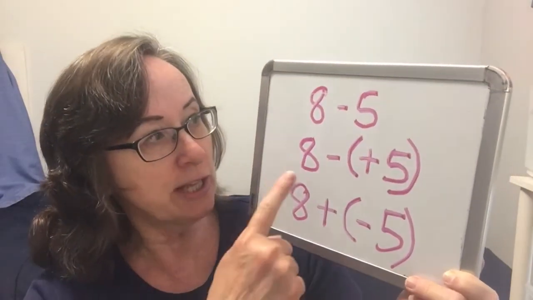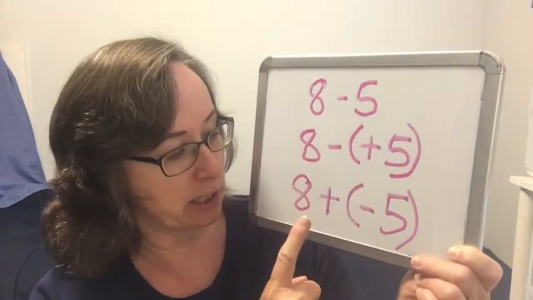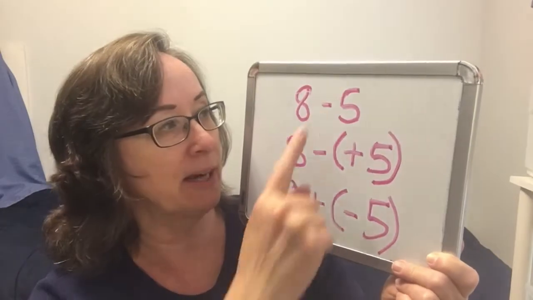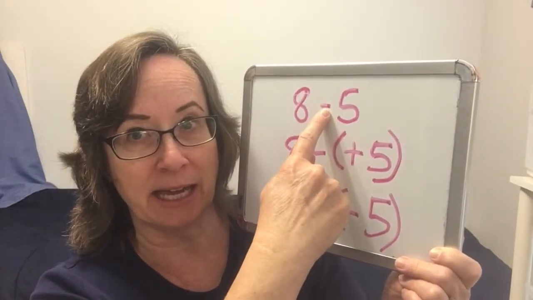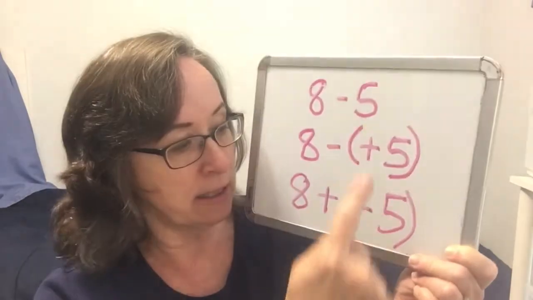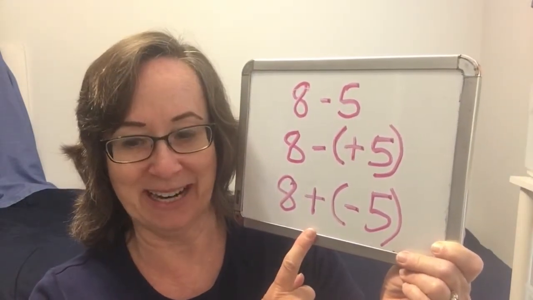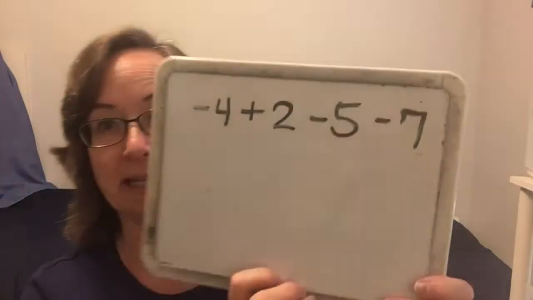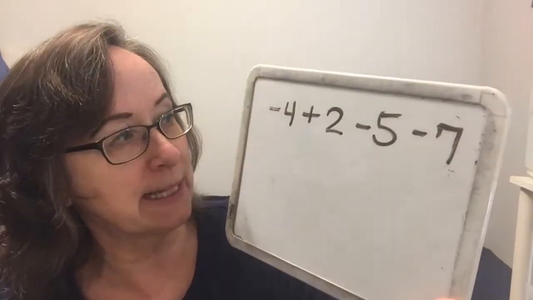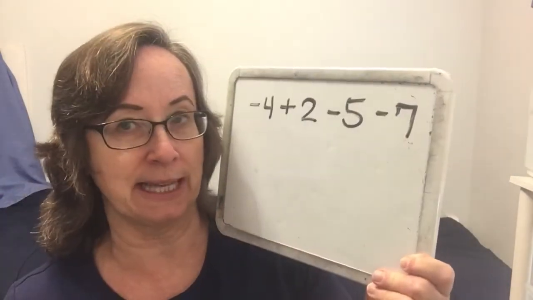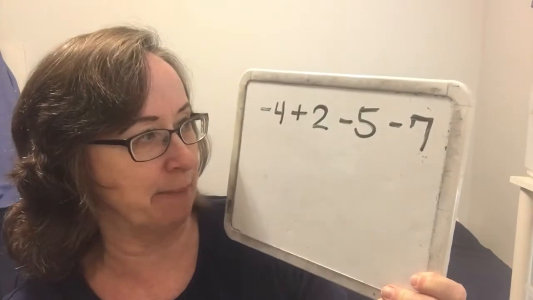All right, so we turned subtraction into addition of the opposite. We can also think of it as taking the minus sign, attaching it to the subtrahend, and then adding. All right, so now we're going to look at more complicated problems. Now, when your book does this problem, they turn every single one of these into a mental parenthesis.